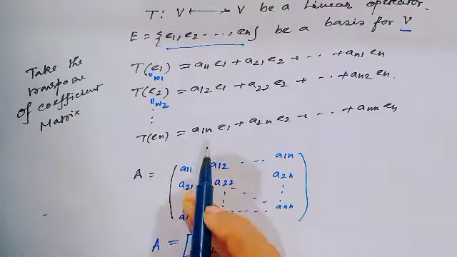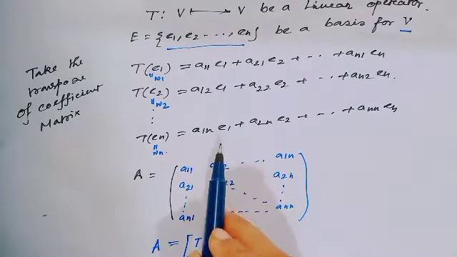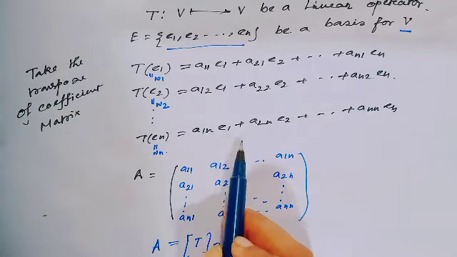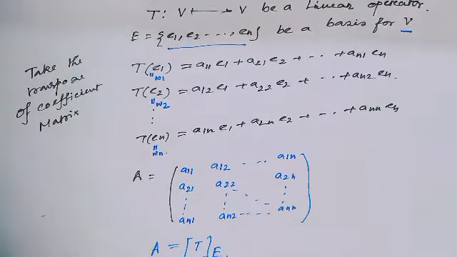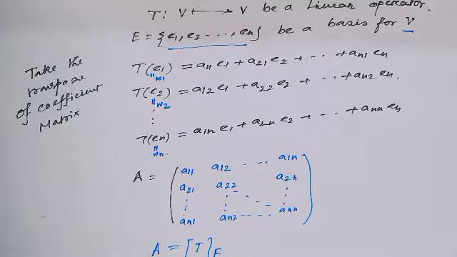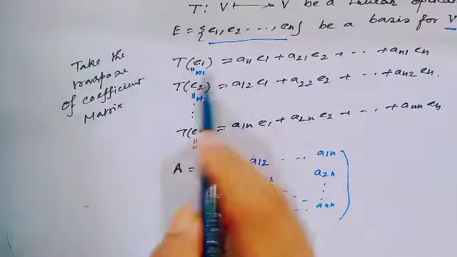And if we consider this process, then T of Un would be Wn, and this is actually equal to A1n U1 plus A2n E2 up to Ann En. And now take the transpose of this coefficient as a matrix.